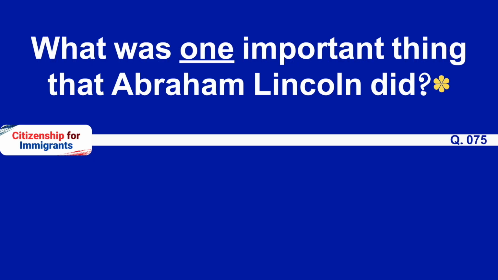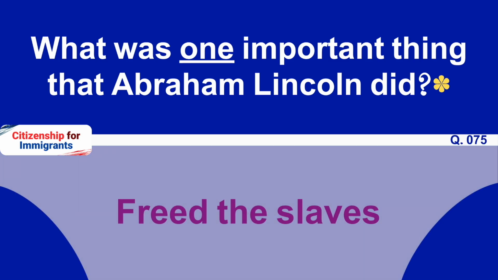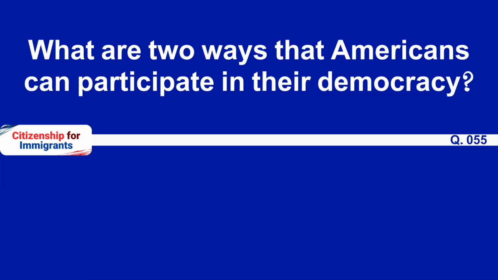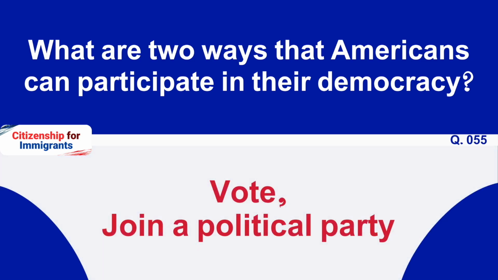What was one important thing that Abraham Lincoln did? Freed the slaves. What are 2 ways that Americans can participate in their democracy? Vote. Join a political party.